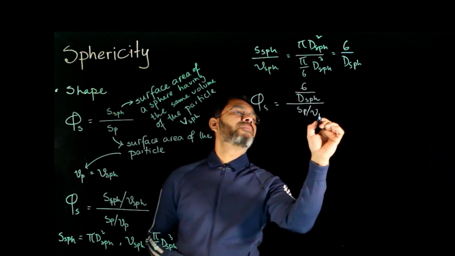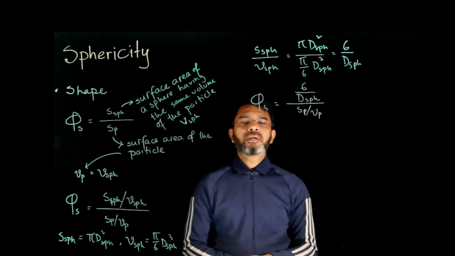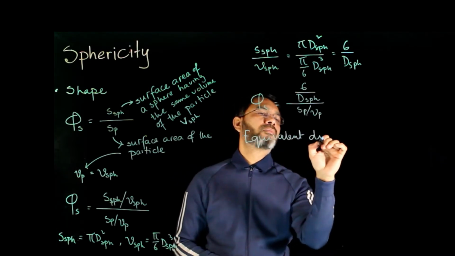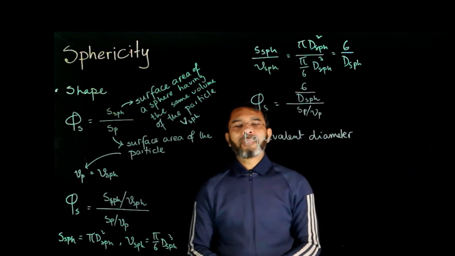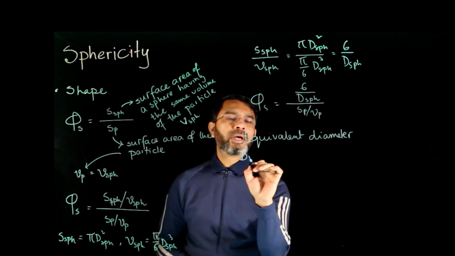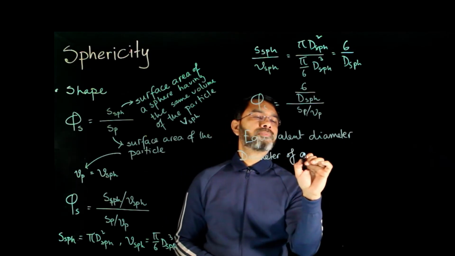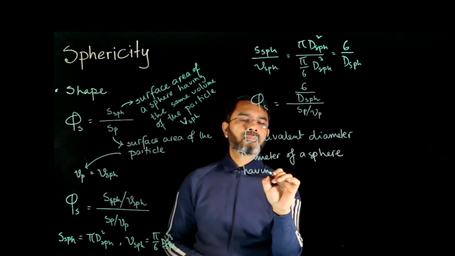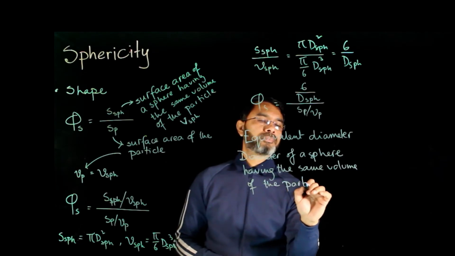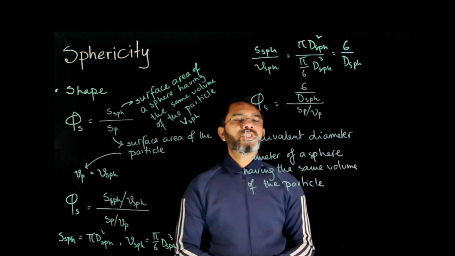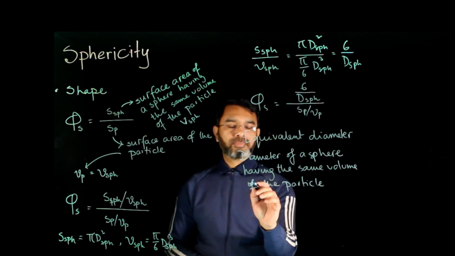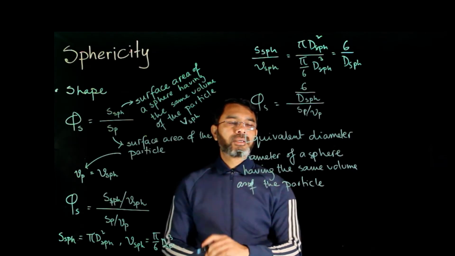Sp over Vp. Now here comes the definition of another term, what is called the equivalent diameter. Equivalent diameter is defined as the diameter of a sphere having the same volume as the particle.